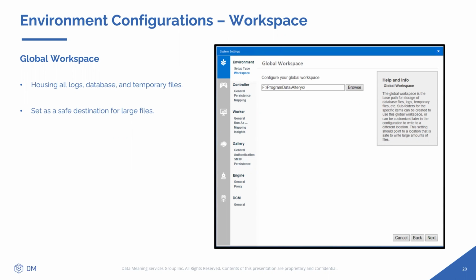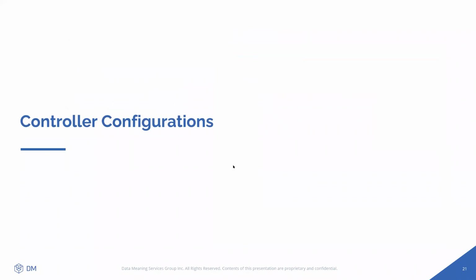Be aware that the best practice is also to use the same hard disk where we have installed the Alteryx server. Just keep in mind that the global workspace is going to save the log files, database files, and temporary files.